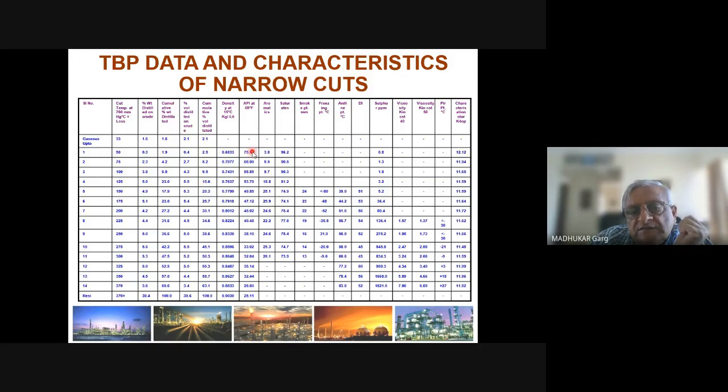This density is converted to API, and then these are the aromatic content which has been determined by gas chromatography, and the saturate content. This is the smoke point measured, and the higher the smoke point, the less is the aromatics.